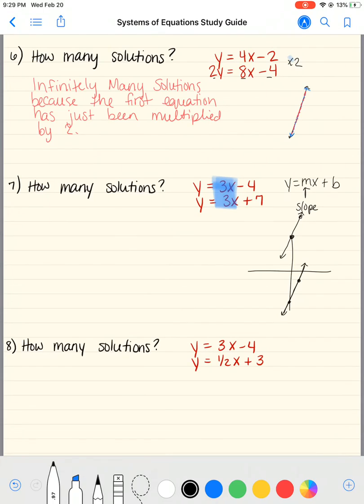So if you notice, these two lines are parallel. So are they ever going to cross each other? No. So we would say this one has no solution because they are parallel lines. Parallel lines never cross.